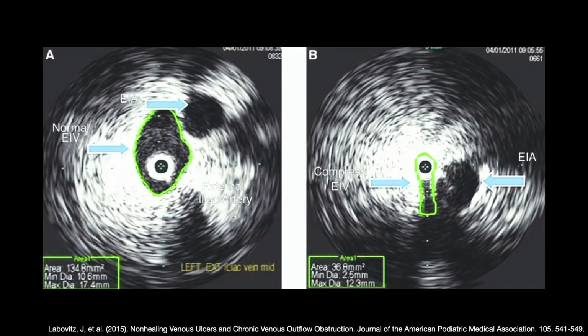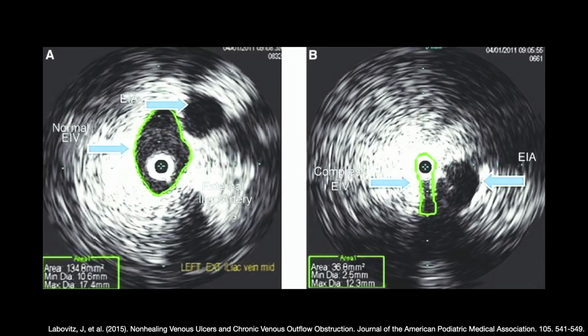So on the left, we see a normal vessel, right? In the center, that black hole is going to be representing the catheter. And you see that it's not quite anechoic, but that hypoechoic circle around it, marked by the green ring, is a normal vein. You can see the artery next to it marked by the blue arrow on the right.